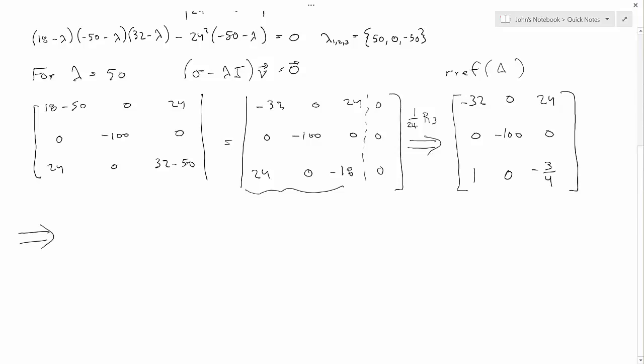So at this time I'm going to do 2 of them at once. 1/32 of row 1 and minus 1/100th of row 2. All right.